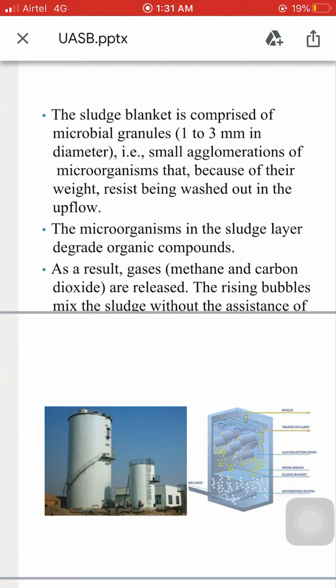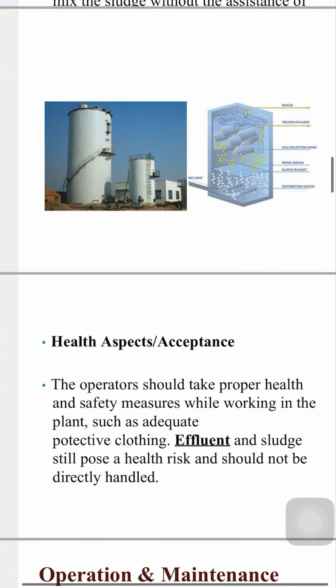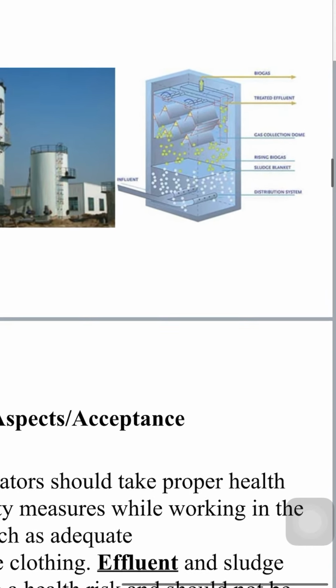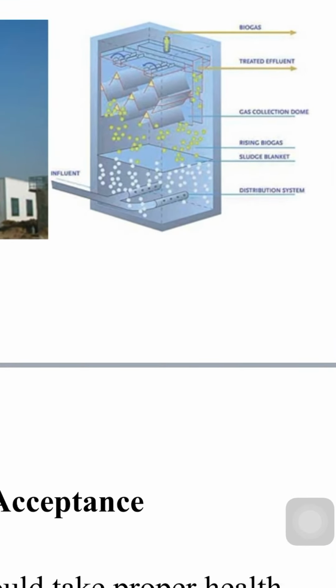So this was the picture of the reactor. In this picture it is clearly shown that it is of considerable height, and in the side picture we can see the effluent system, the distribution system, and the sludge blanket, from which biogas is generated.